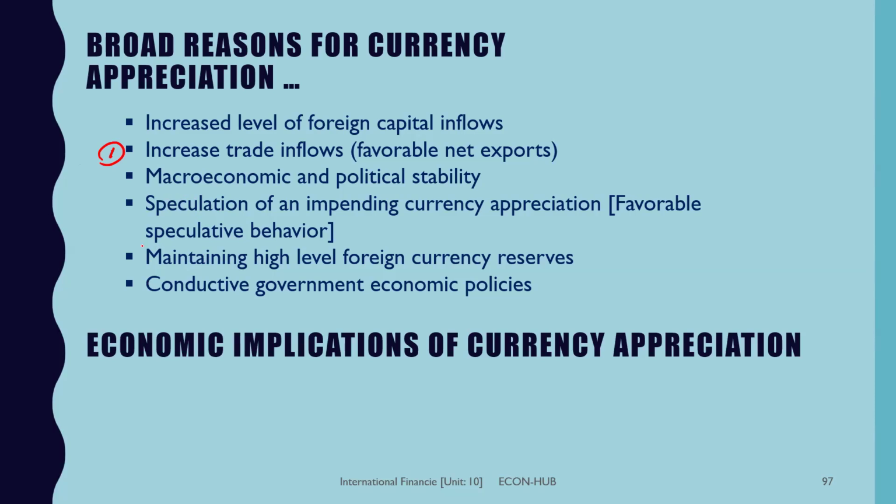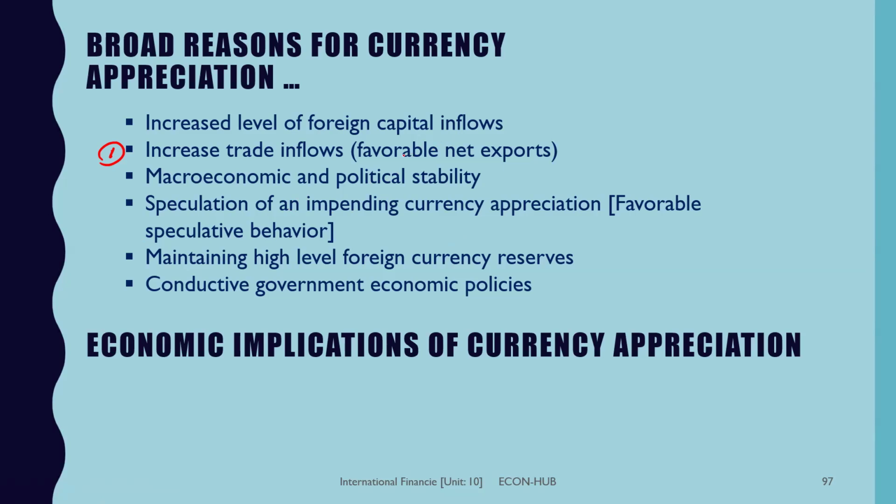So the remittances you need to add here. Or am I not seeing it? No, it's not there. So, increased migrant worker remittances. That's something you have to add, and I want you to talk about that also. Here it says increased trade flows.